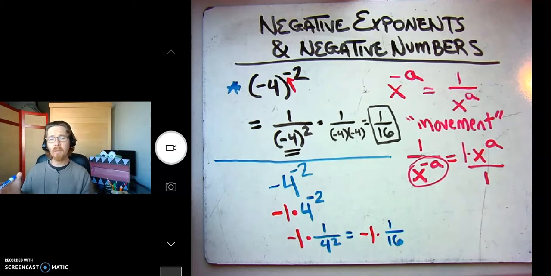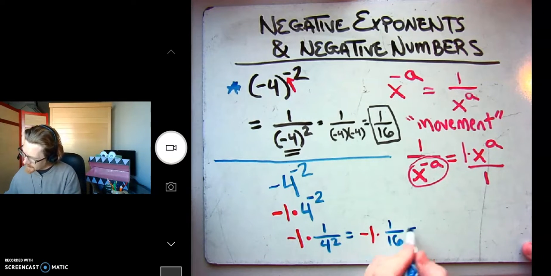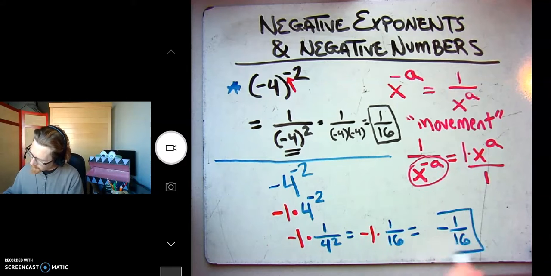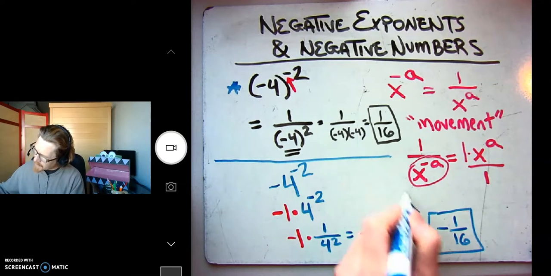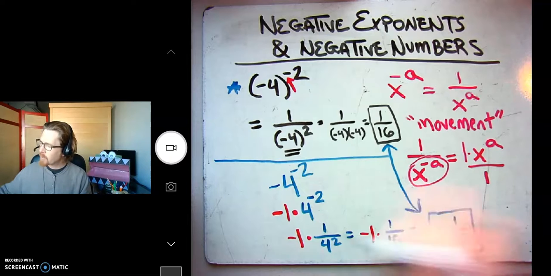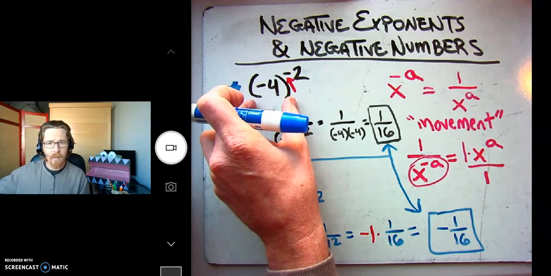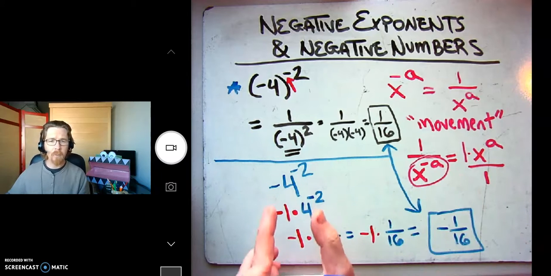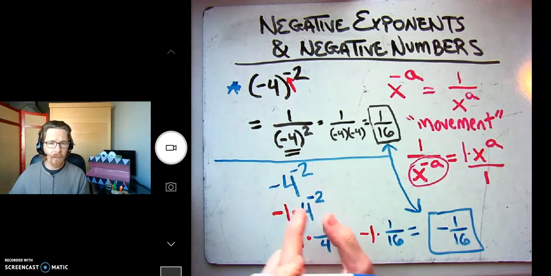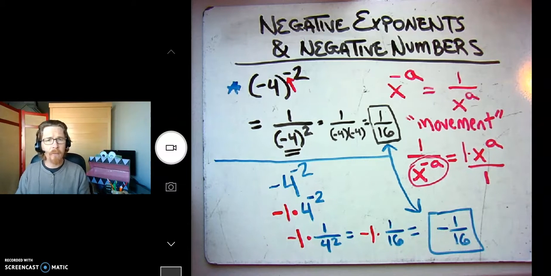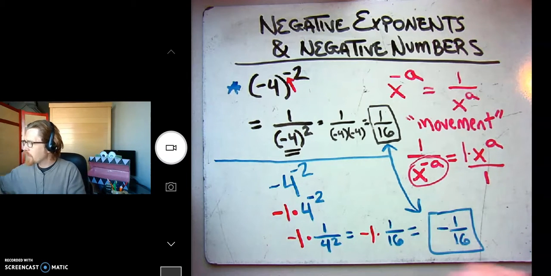And then negative 1 times 1 over 16 has a value of negative 1/16. So notice we ended up with the same but opposite answer. When we had it in parentheses, we thought of it as a negative 4 value. When it was out of parentheses, we thought of it as a positive 4 value multiplied by a negative 1. So we have some negative exponents and some negative numbers.